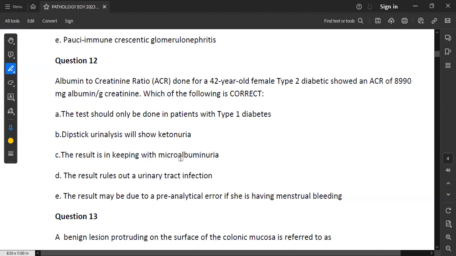A, the test should be done only in patients with type 1 diabetes. B, dipstick urinalysis will show ketonuria. C, the result is in keeping with microalbuminuria. D, the result rules out a UTI, a urinary tract infection. E, the result may be due to pre-analytical error if she is having menstrual bleeding. What do you guys think is the answer here?